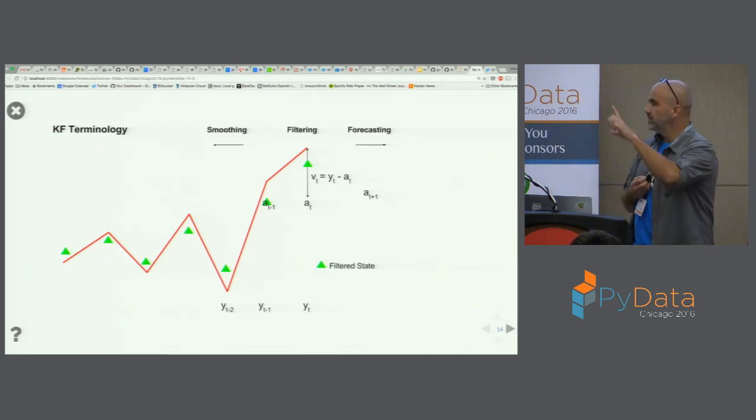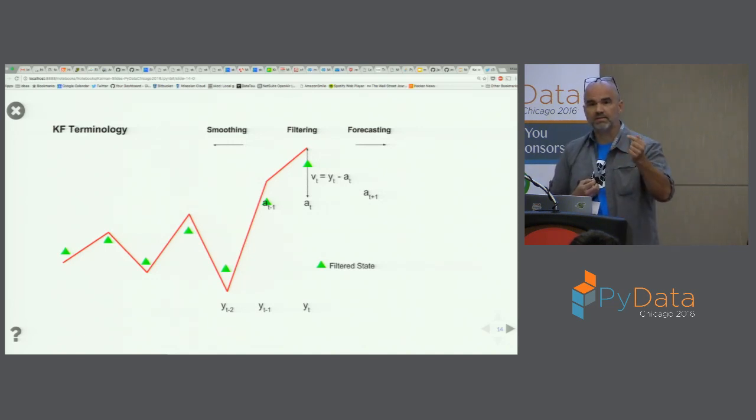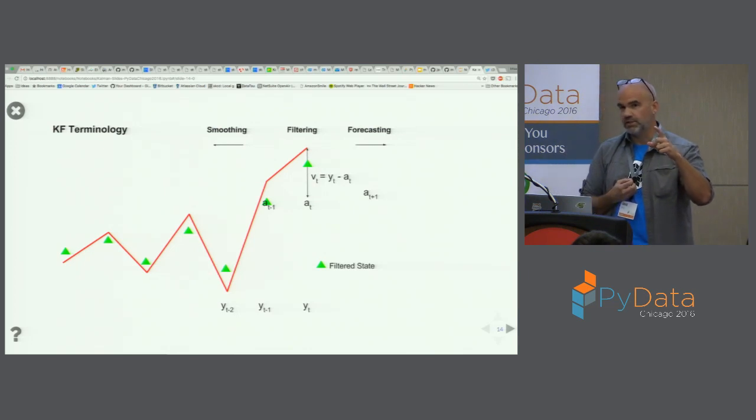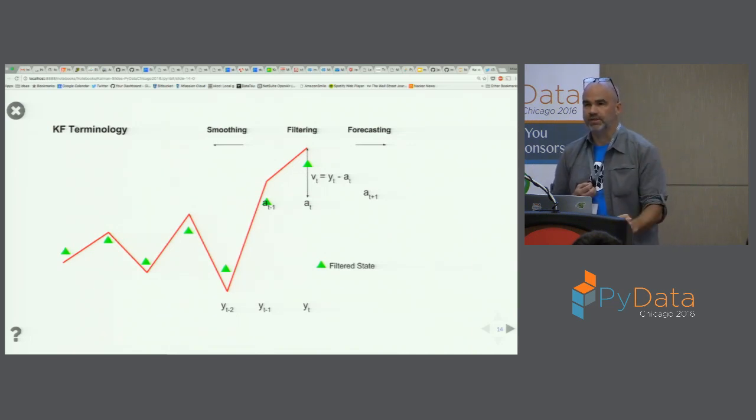The vertical line between the last observed point on the red line and the state a_t is sometimes called the forecast error. It's also called innovation. That's basically the difference between your next best prediction if you don't know the next observation, and the best prediction if you do know it.